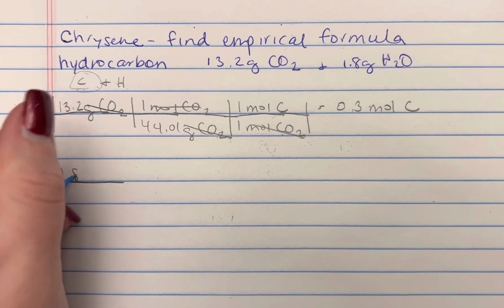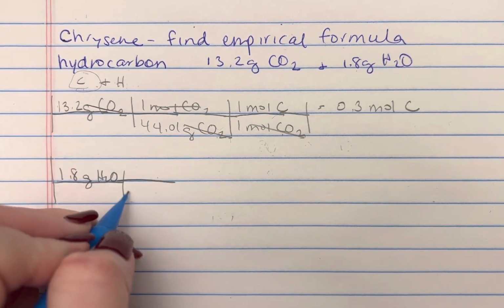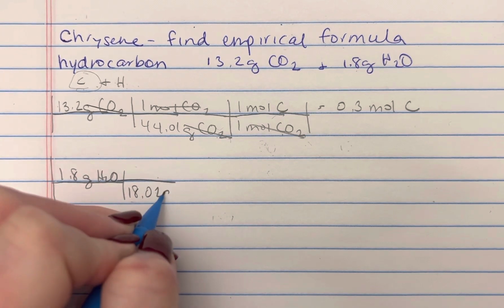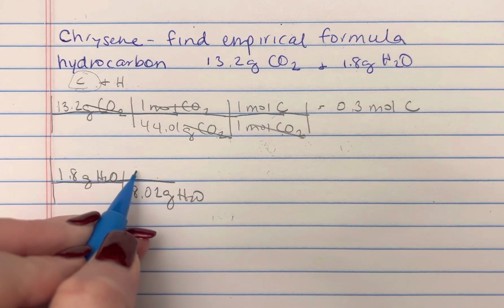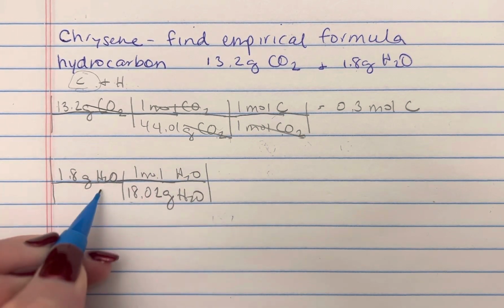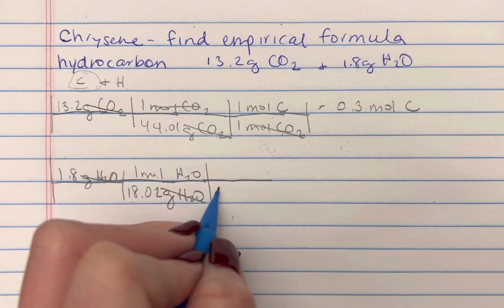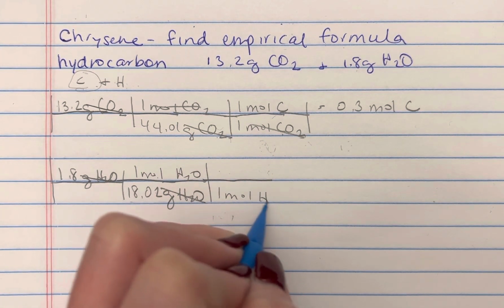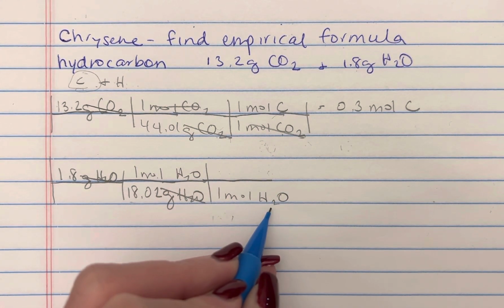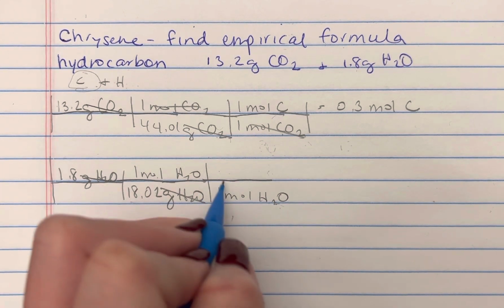Now we're going to do the same thing with water, 1.8 grams H2O, and hopefully everybody's okay with me using 18.02 grams of H2O is 1 mole of H2O. Okay, now here's where it gets a little bit tricky. So 1 mole of water. Now count here how many hydrogens are in water, and there's 2 of them.